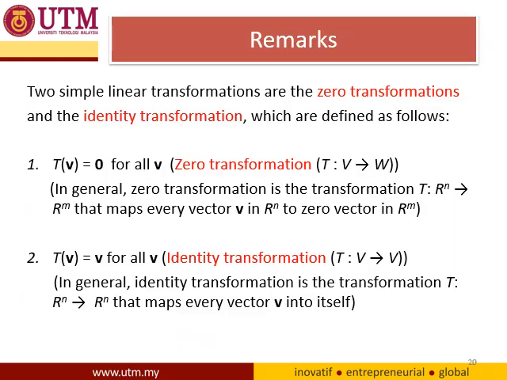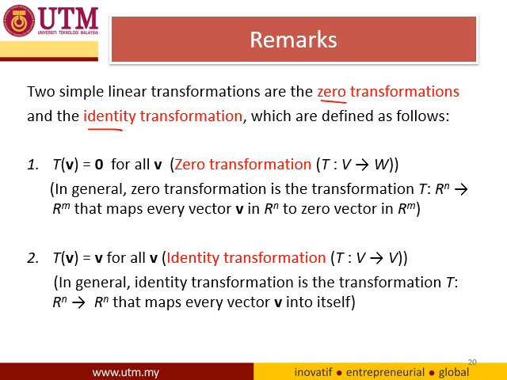Okay, we also have 2 simple linear transformations, which are called the zero transformation and the identity transformation. How to define this? If you can see here, the transformation of v is equal to 0 for all v. It means everything from v, if you transform it, is equal to 0.